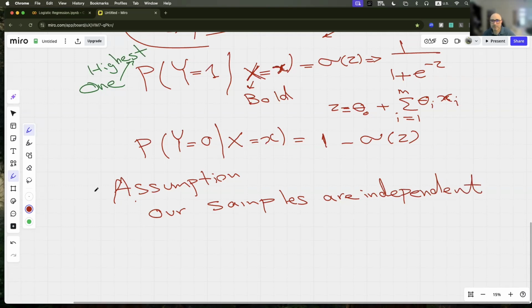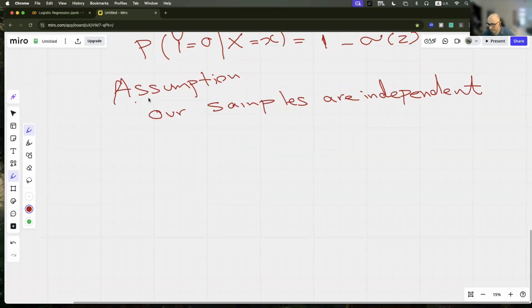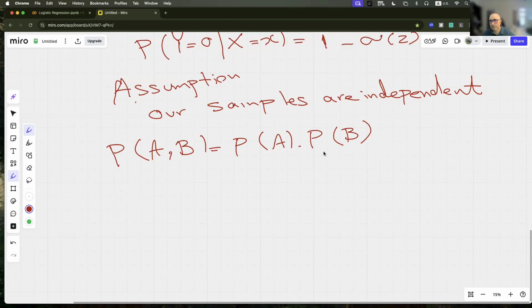When samples are independent, we have the rule that P(A and B), when A and B are independent, is equal to P(A) times P(B).